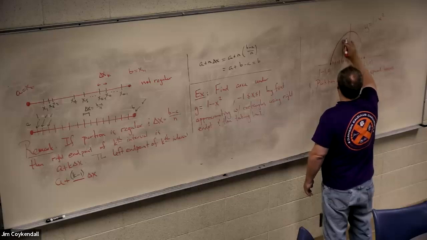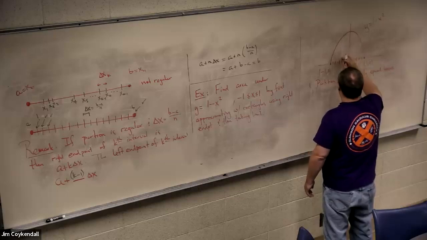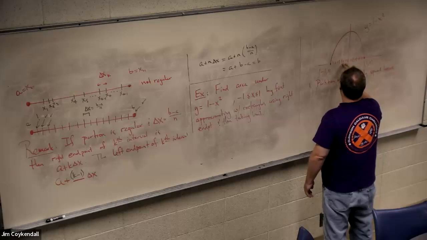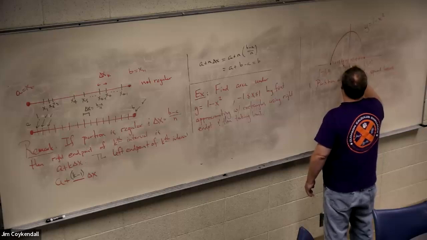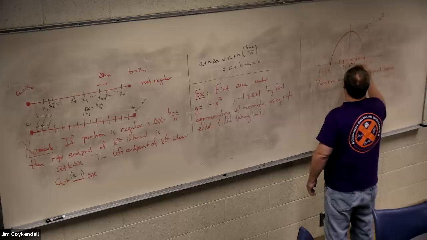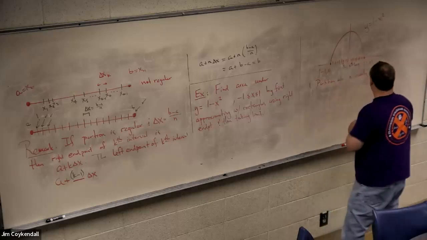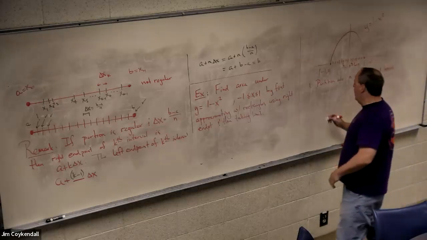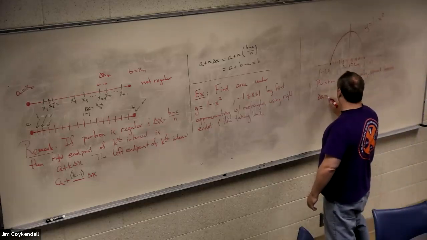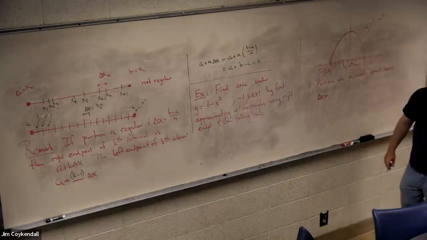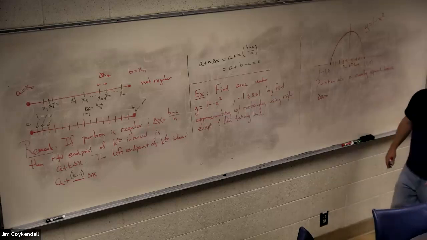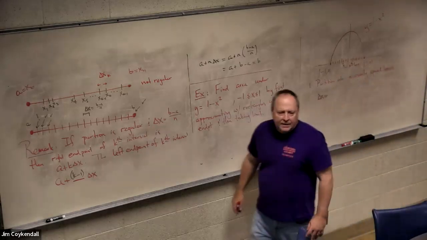Right here, I'm going to have a representative box. Say this is k. What's the width of each box that I have? Question one, how wide is my interval?